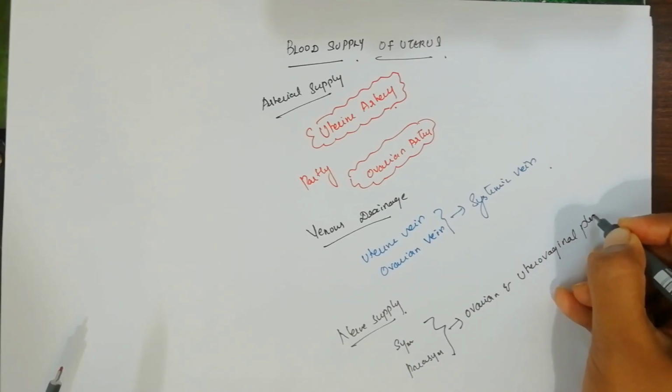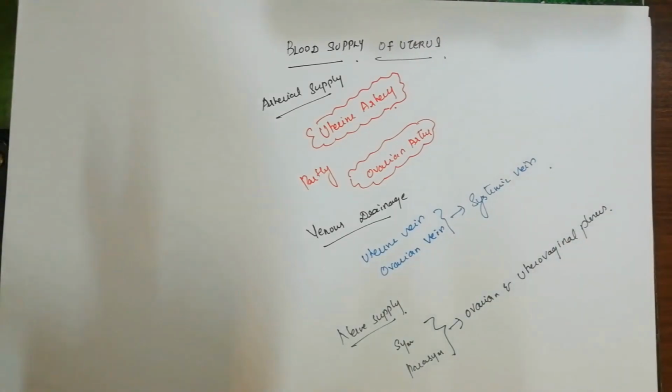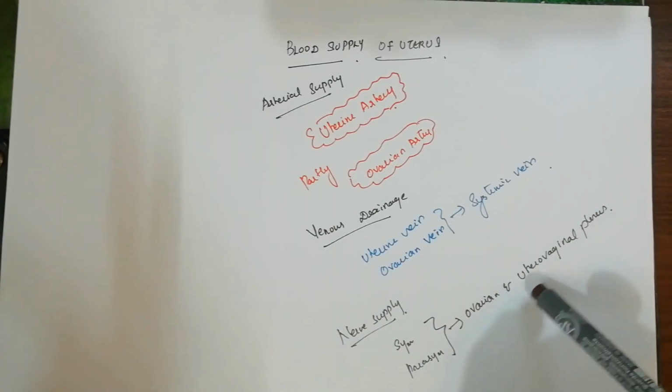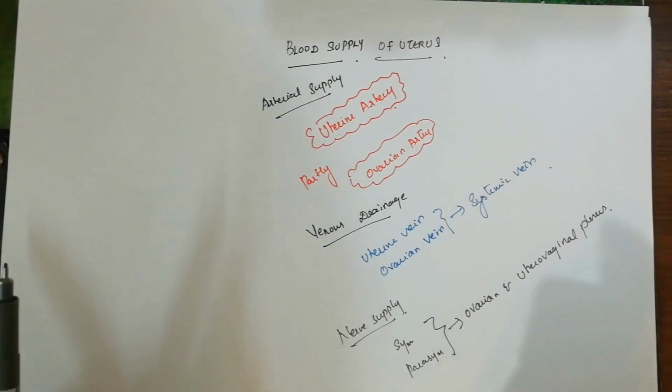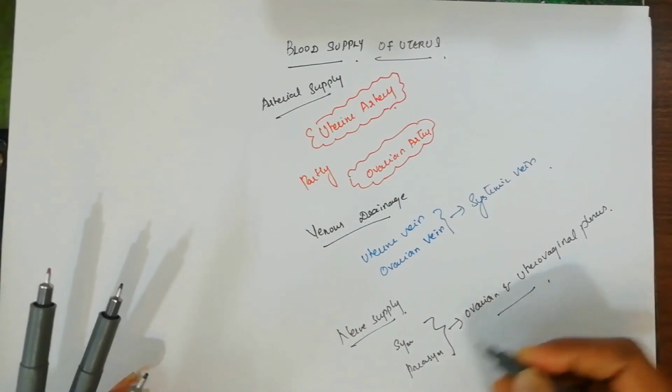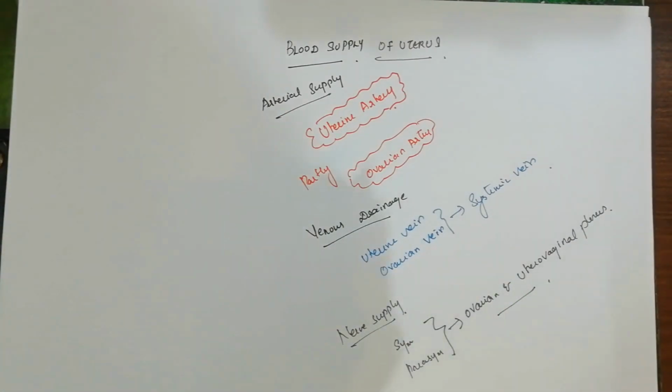The plexus near the ovary, and at the uterus and vagina junction, we call the ovarian plexus and uterovaginal plexus, which are responsible for the function of uterus. About the details we will deal later. Now about the anatomical description of uterus, these are the important things. Just mention the names, that is enough.